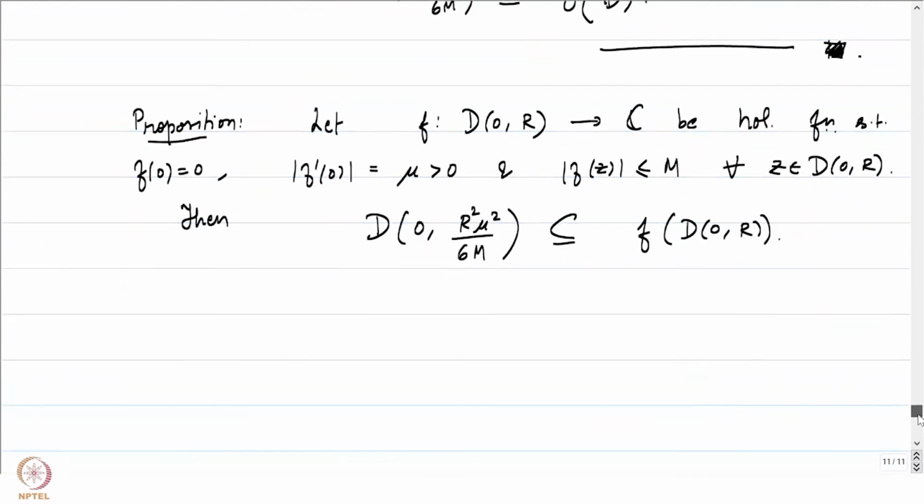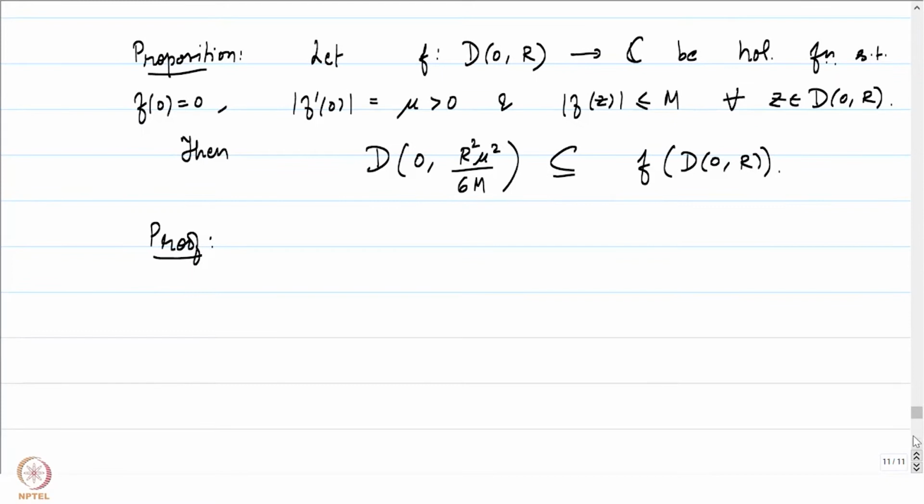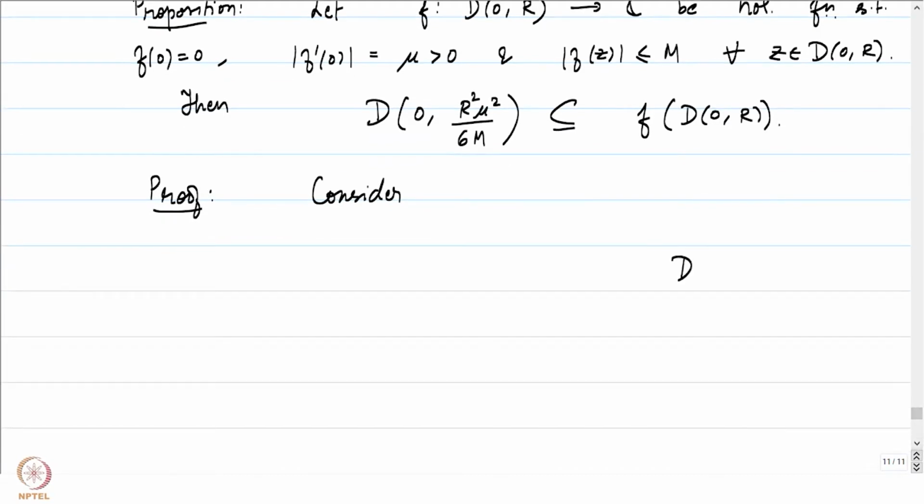We have done the hard work in the previous proposition. The proof here is going to be easy. We are going to reduce this problem to the problem above. And in order to do that, consider the following map. The current map is from D(0, r) to D(0, m), and we will first reduce it to a map from D(0, 1) into D(0, m) by composing it with psi 1, which is basically z going to r times z.